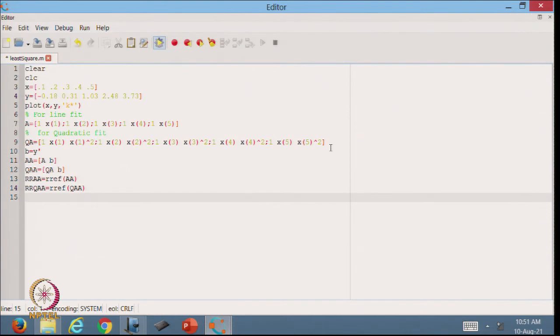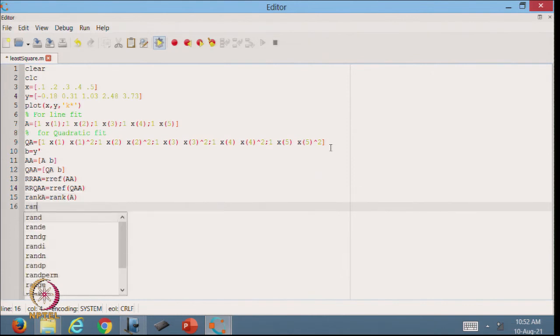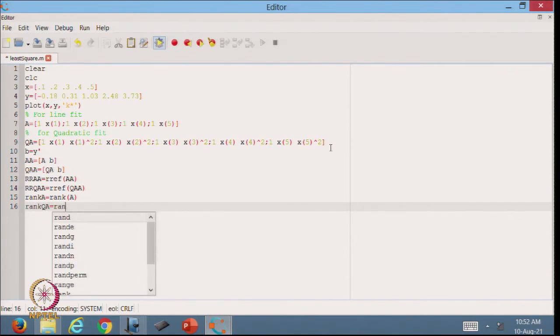So, from here I will get the row reduced form, and if you want to check you can also check the rank. So, I can just check the rank of the matrix A. Similarly, I can find the rank of the matrix QA.